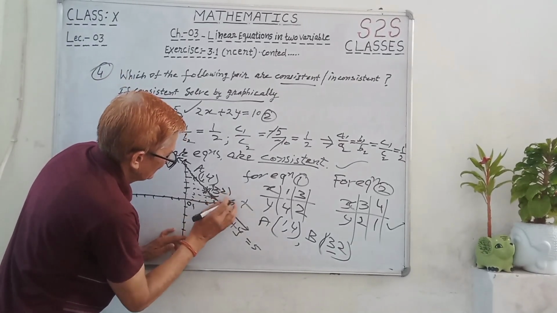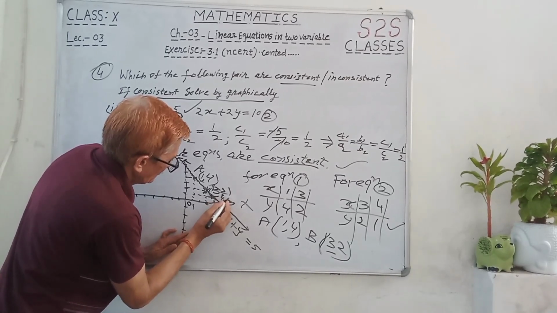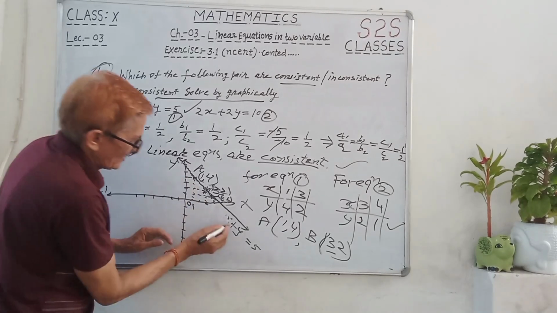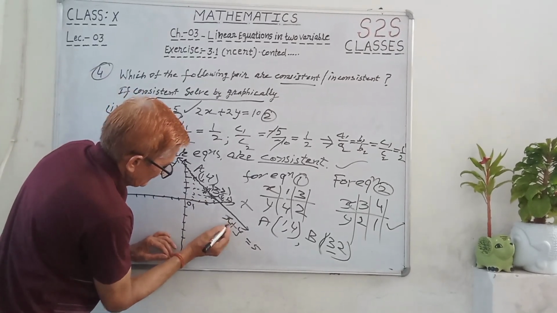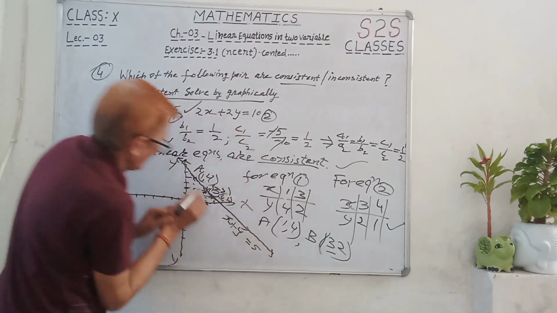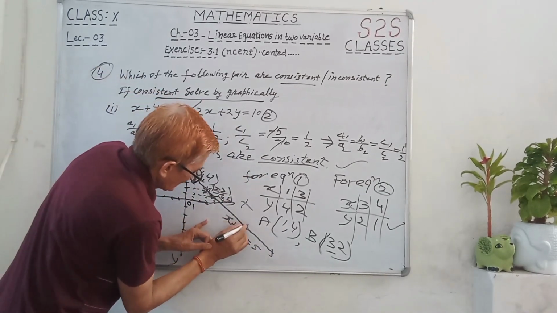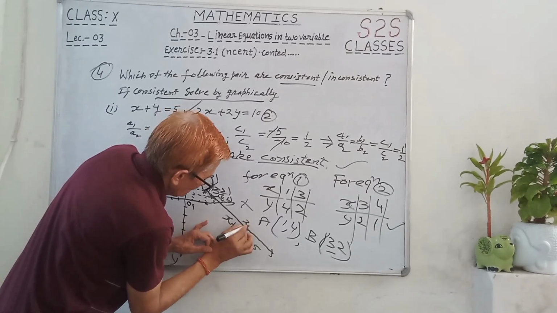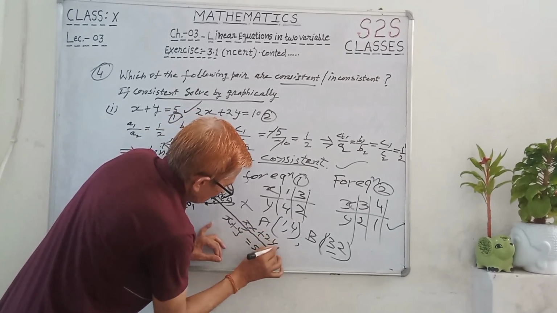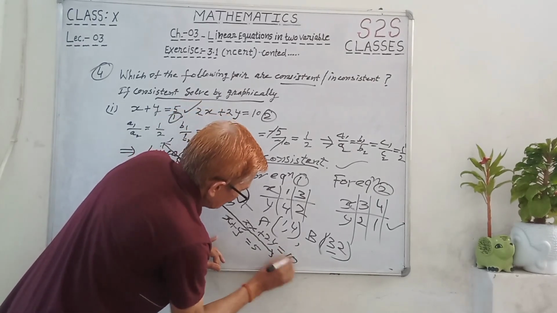So these both points are on the same line, overlapping, so the second line is the same line. Then we can write here 2x plus 2y is equal to 10, also the same line.